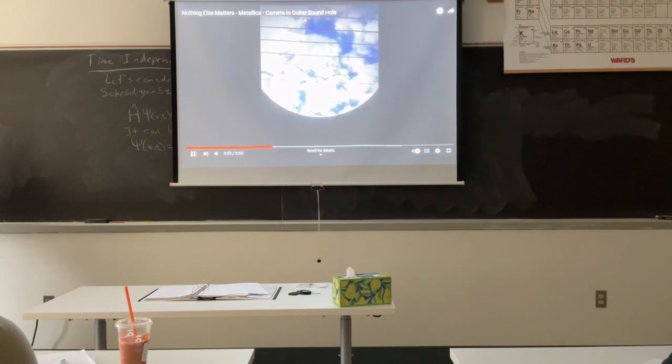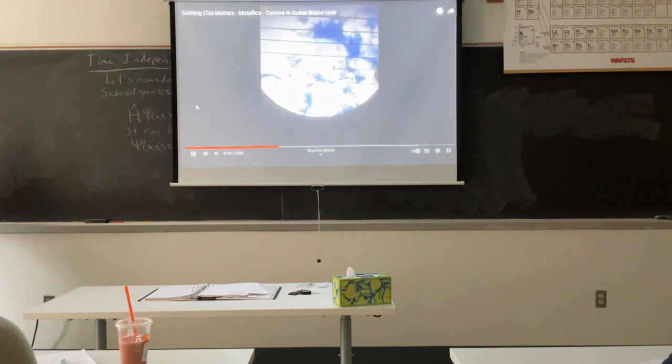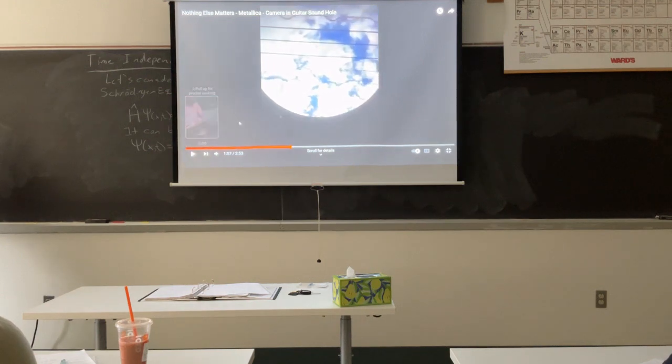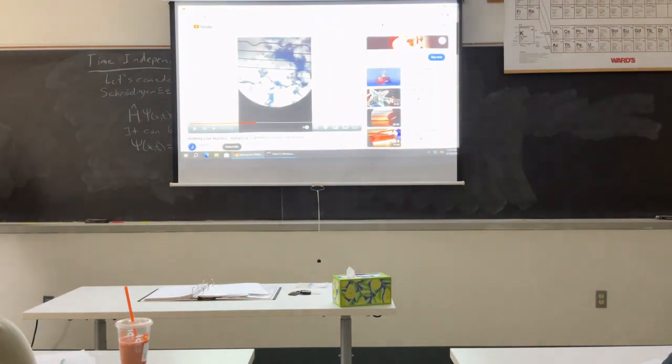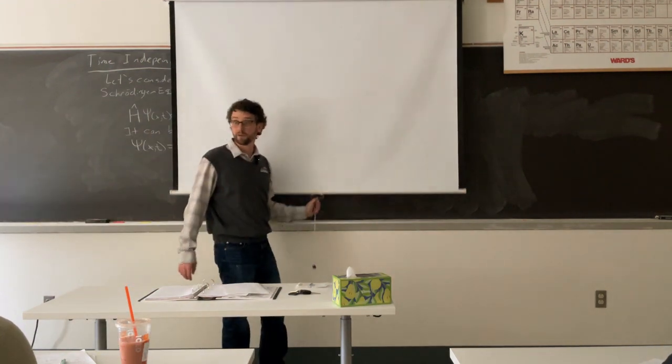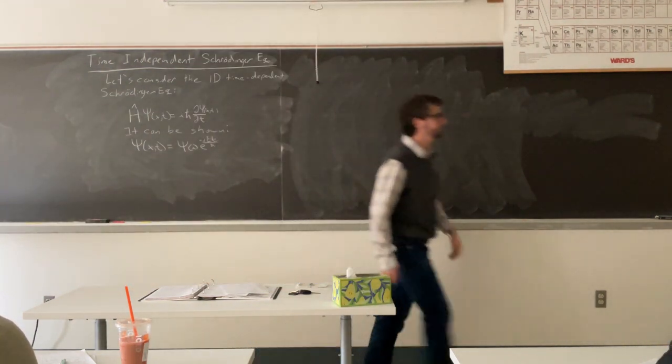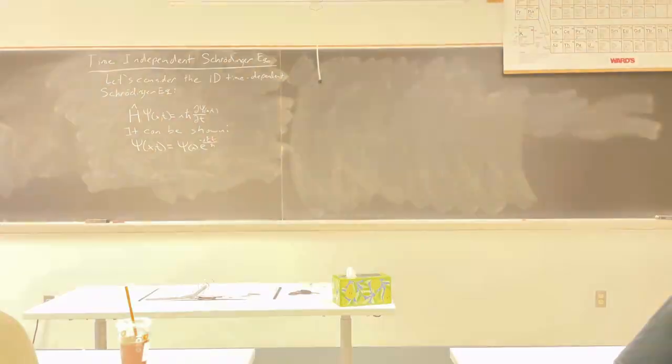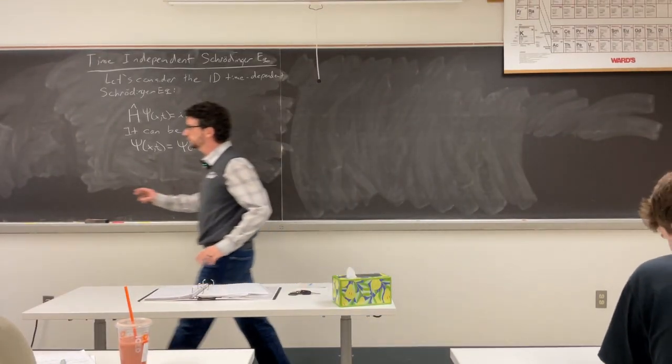I like the lower notes so you can see it way better. So all a standing wave is, is something that is oscillating, but it's not moving. Overall, there's no net movement. So we can assume electrons do the same thing.